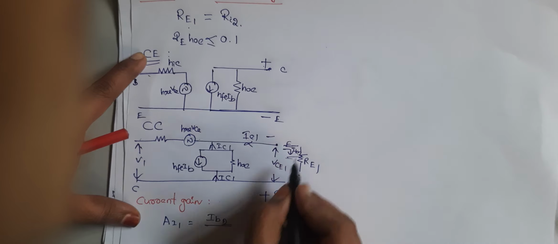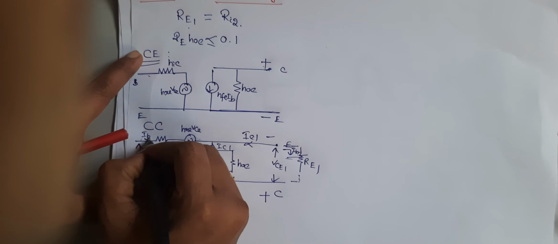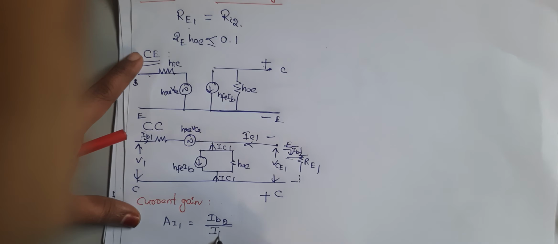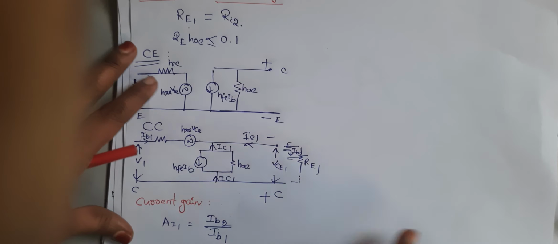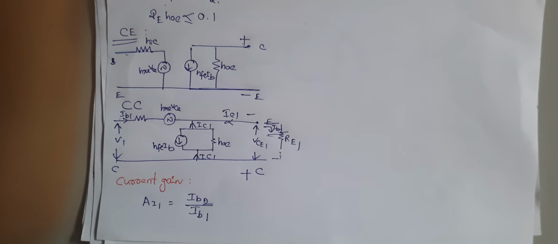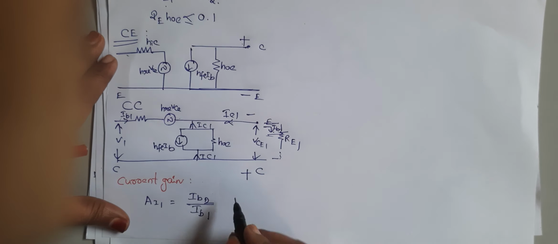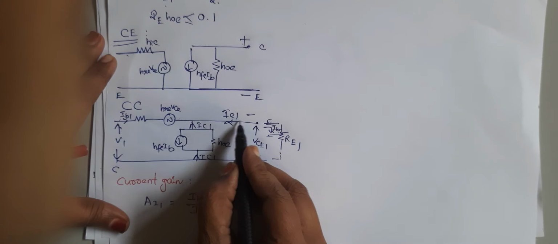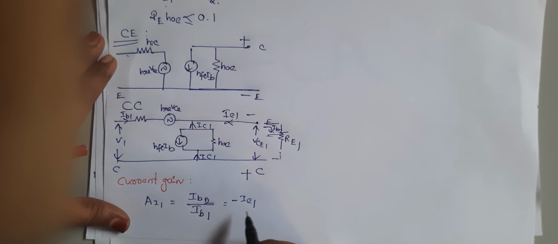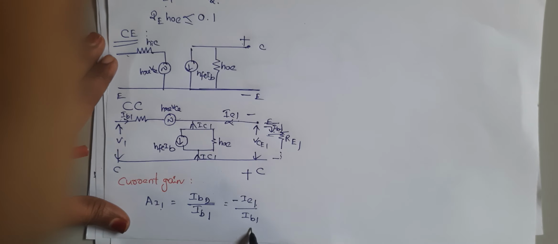The output current is IB2 and the input current is IB1. So here IB2 is equivalent to IE1, with opposite polarity, so minus. So AI1 is equal to minus IE1 by IB1.